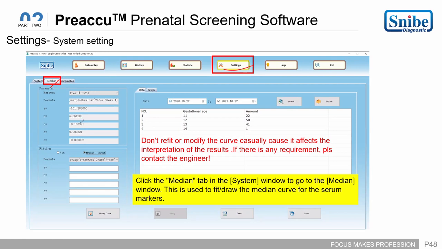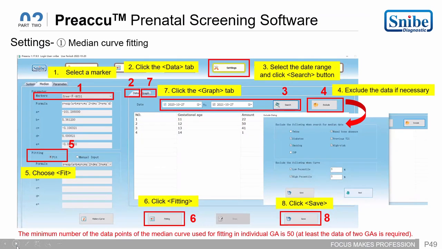If there is any requirement, you have to contact the engineers. Otherwise, you can also do that through the formula that they put there. So you have to click the median, and you have to select the markers window to go to the median window. This is used to draw the median curve for the serum markers. So again, the median calculation can be modified through these procedures.